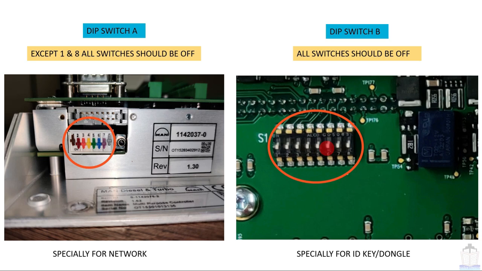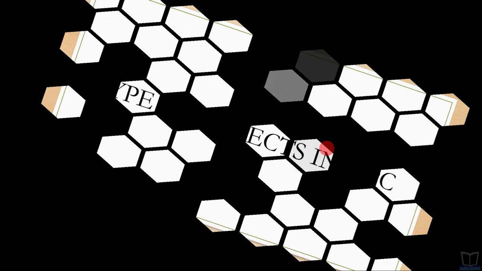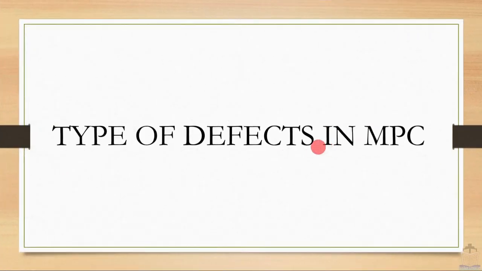Okay. Now we are moving to our next topic, that is type of defects in MPC. This is very important, and here we will see what are the defects and what are the remedies, how can we tackle all those problems. So various type of problem can occur in the MPC.